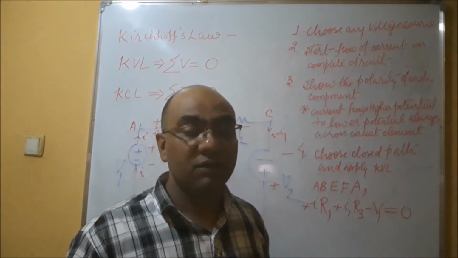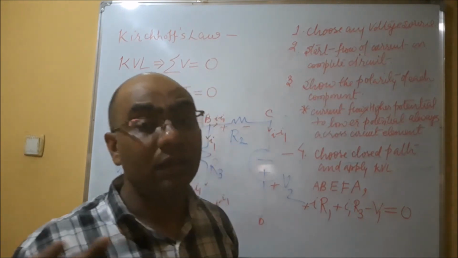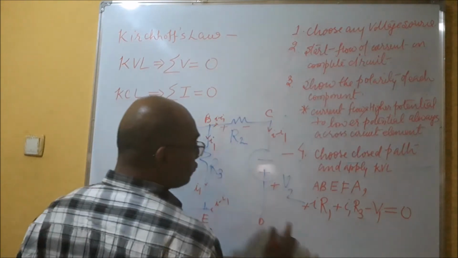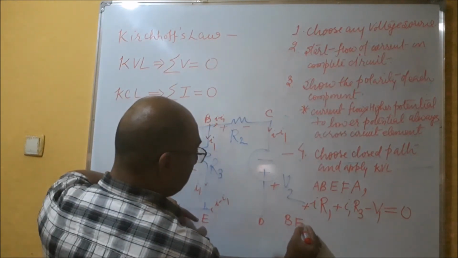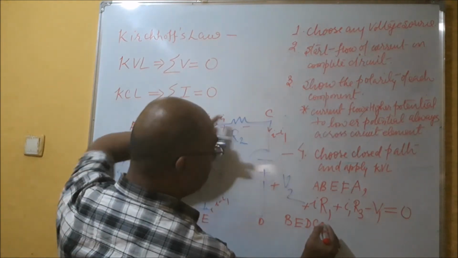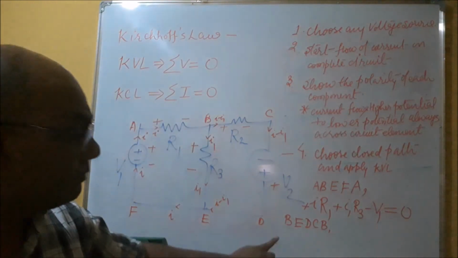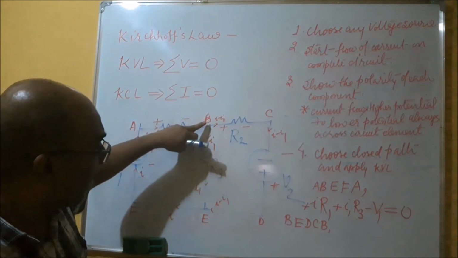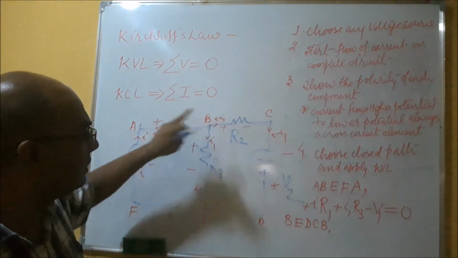For giving you better understanding, I am taking the anti-clockwise side. So suppose B, E, D, C and B. For this B, E, D, C, B, let's see here. I'll move from B to E, then D, then C and again to B.